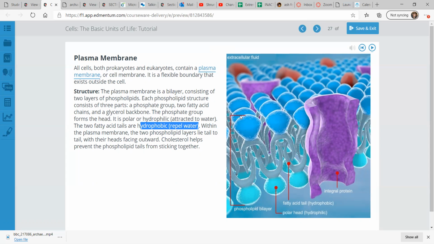So we have the heads attracted and the tails repelled from water. And within the membrane, those 2 phospholipid layers lie tail to tail. So the heads are facing away from the other heads, and the tails are touching. Cholesterol helps prevent the phospholipid tails from sticking together.